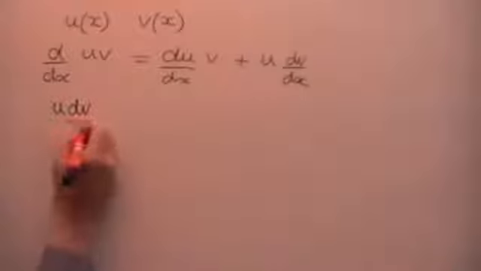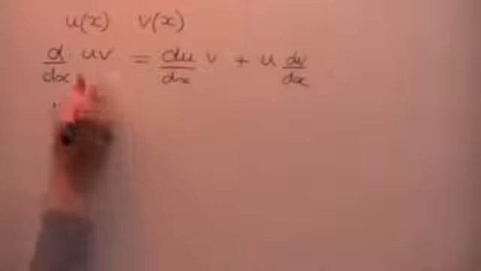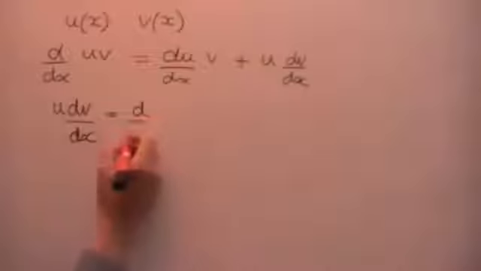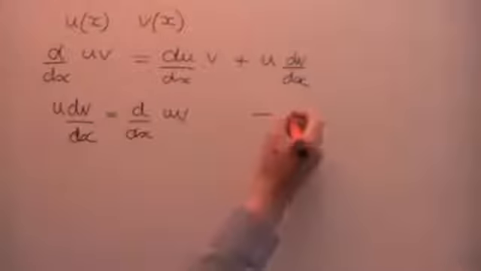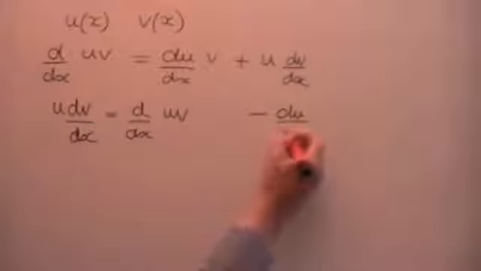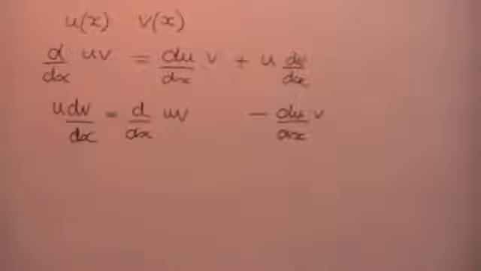Now, I can rewrite that as u dv by dx is equal to this term here, d by dx of uv, minus this term here, du by dx times v. Now I can integrate.